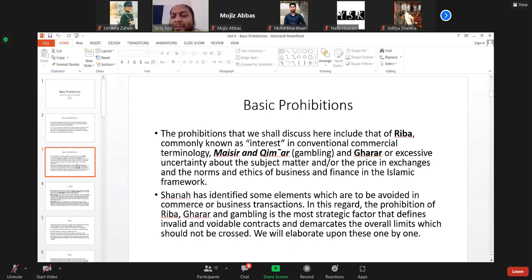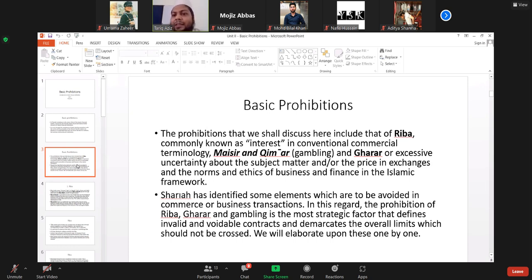I have given you two examples: selling of fish which is in the pond, and selling of a bird which is flying in the sky. That is not allowed, and this concept is known as gharar. So gharar can be translated as contractual uncertainty, or excessive contractual uncertainty. So these are three basic prohibitions: riba, masir, and qimar, where masir and qimar are the same, related things.